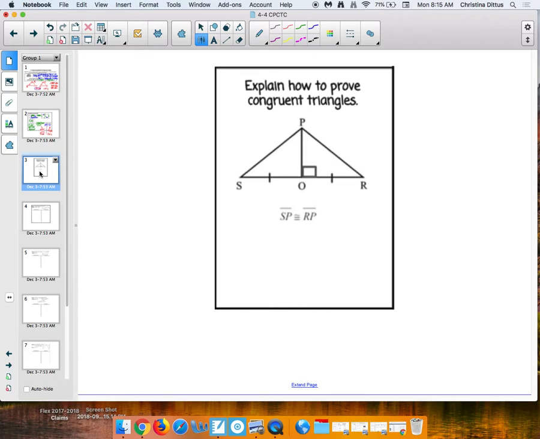I have a side, and I know this angle and this angle. So triangle SOP is congruent to, if I say SOP, what do I have to say? ROP. And I would say they're congruent by SAS.